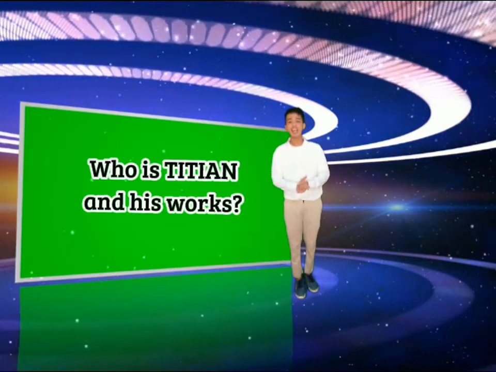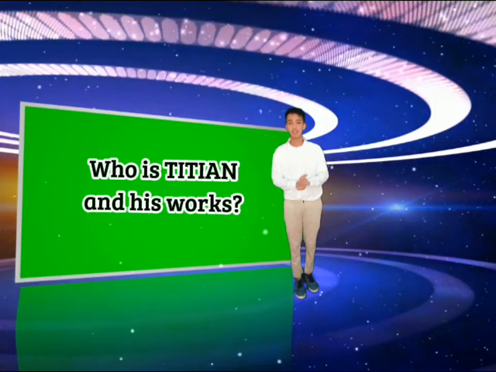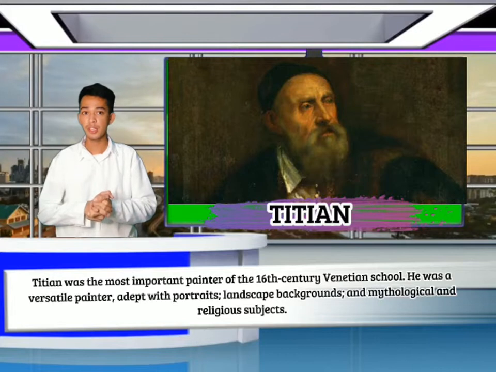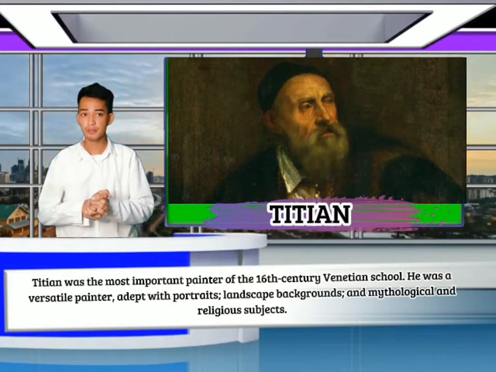Who is Titian and his work? Titian was the most important painter of the 16th century in the Venetian school. He was a versatile painter, adept at portraits, landscape backgrounds, and mythological and religious subjects.